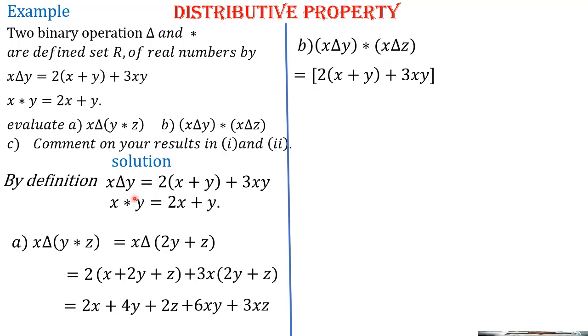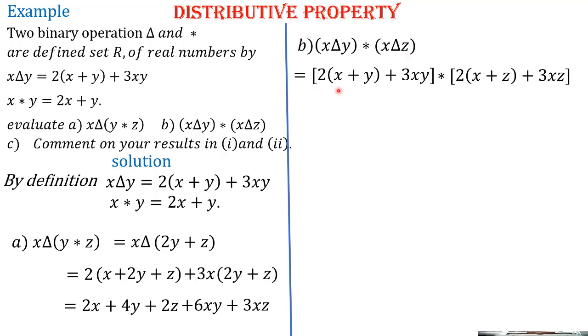Our S is still here, y has changed to Z. So whenever you see y, just put Z there into this definition. So it will be 2s plus z bracket close plus 3s z. Okay, but z is no more y. So this operation is good.